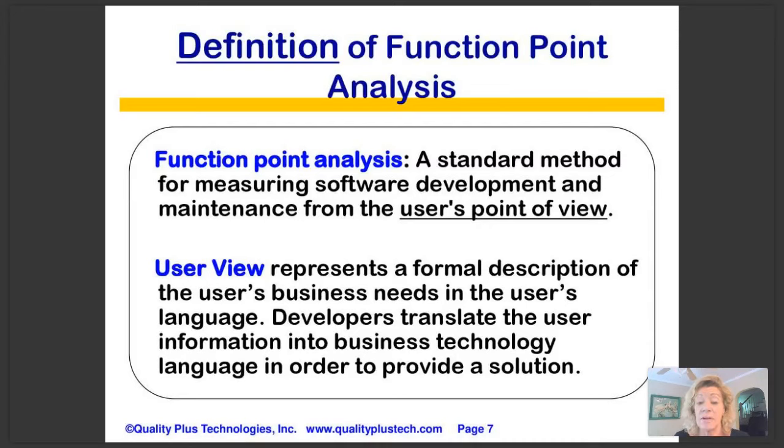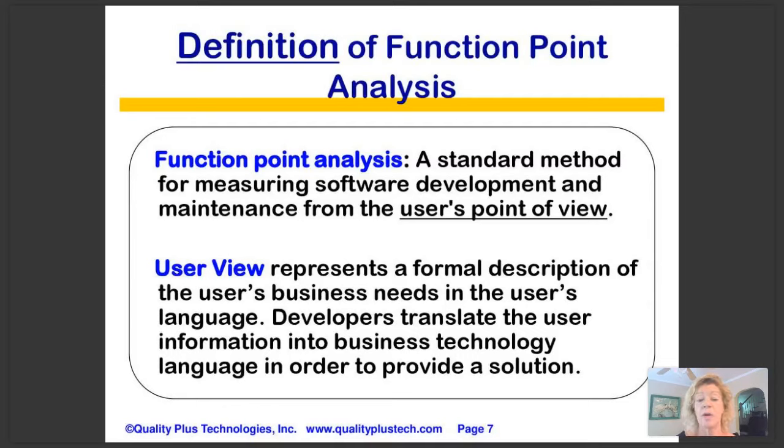So when we talk about function point analysis, we're looking at a standard method for measuring the functionality, the software development and maintenance, from a user's point of view. So if something is not part of your software, it doesn't get counted. If it is manual, if it is done by hand, if somebody has to write something down or copy it separate from the software, then it's not going to be something we can count.